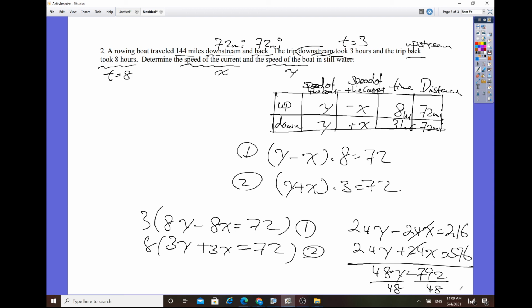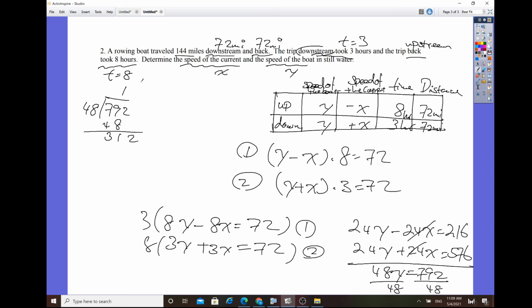Is that divisible? Okay, so it looks like it's not divisible. If that's not divisible, just leave it as a fraction. Once you solve for y, plug the number back in there and then solve for x.